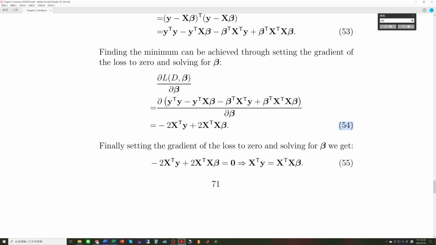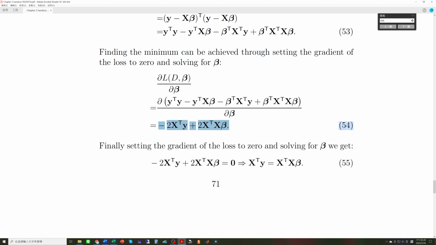In equation 54, after a long derivation, we can find that this equation is equal to negative 2x transpose y plus 2x transpose x beta.